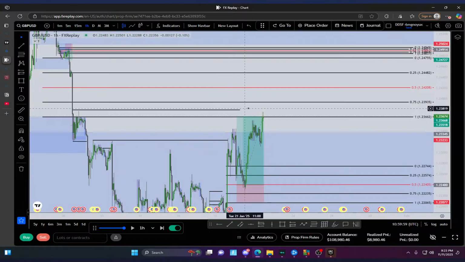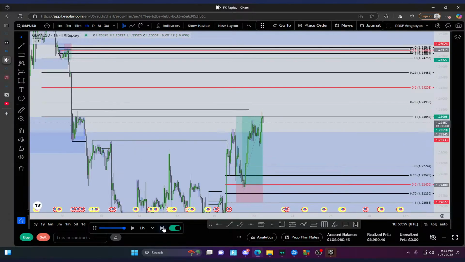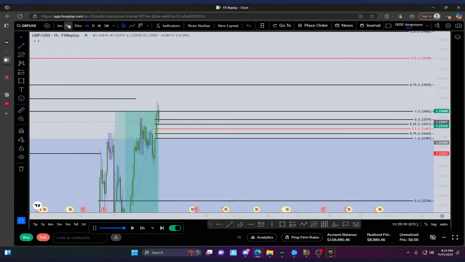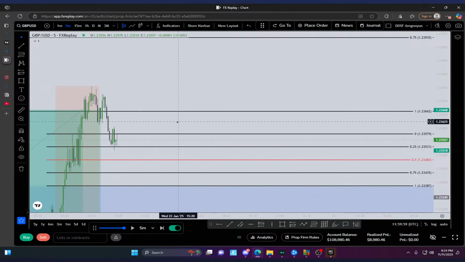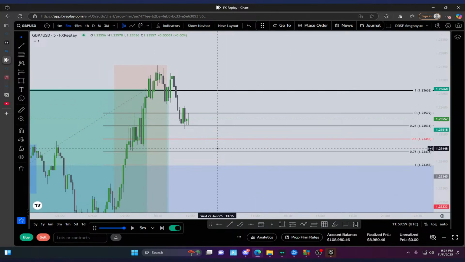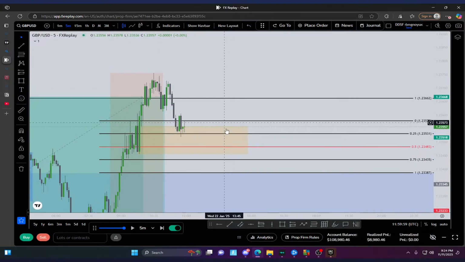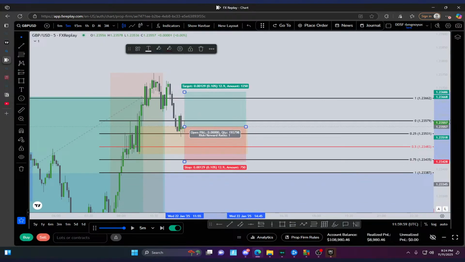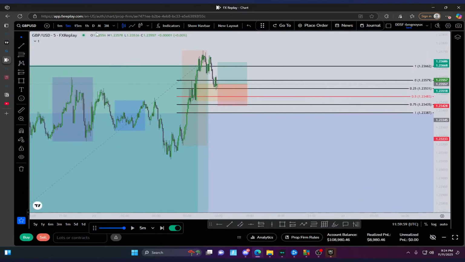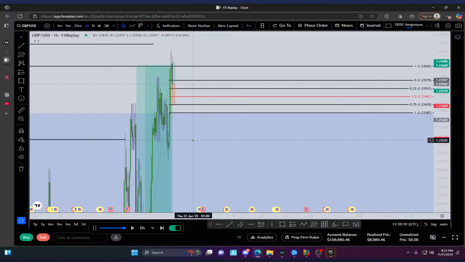But then again, nevertheless, we have buy side to take, and we end up tapping right back into this fair value gap. So go back to this. We end up having this area right here, and we can probably take a trade. Really right here, we didn't take a no buy side, we just tapped it to the fair value gap, and there's no really, there is but there isn't.